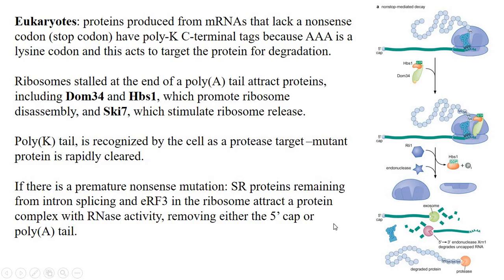And removal of either the 5' cap or the poly A tail will again stimulate the production of endonucleases, which will come and degrade the uncapped RNA, or RNA that doesn't have a poly A tail. So here in this exosome, this is removing the one that doesn't have a poly A tail. This is an example of the one removing the one that doesn't have a 5' cap, and a protease that recognizes the protein with a poly K tail.